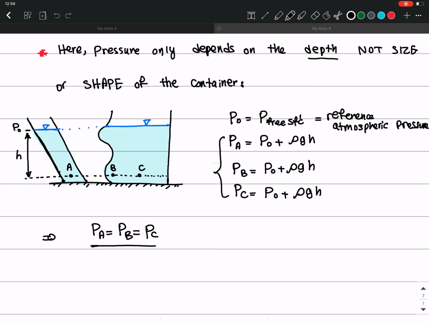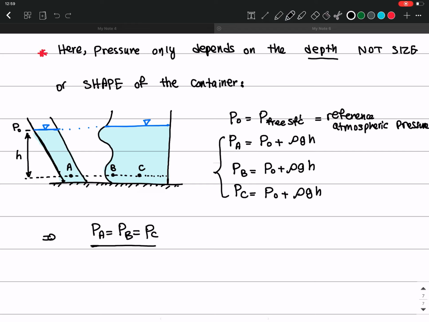Okay, so if the depth of these two fluids, one here and one here, was different, for example lower, then the pressure at B and C would be different than A. But now, because the depth of the fluid in both of the containers is the same, we are going to have the same pressure at A, B, C. So the pressure only depends on the depth and not the size, like this one is bigger and this one is smaller, or the shape of the container.